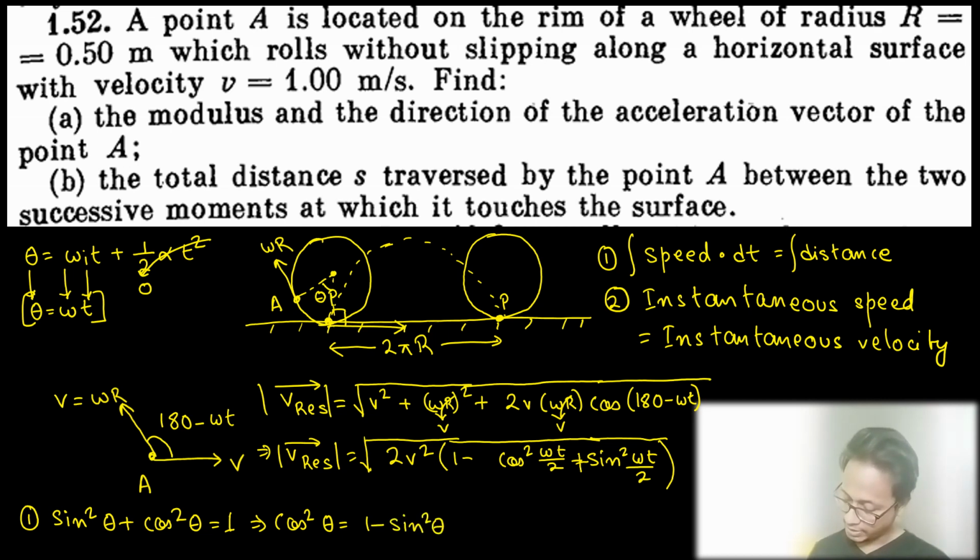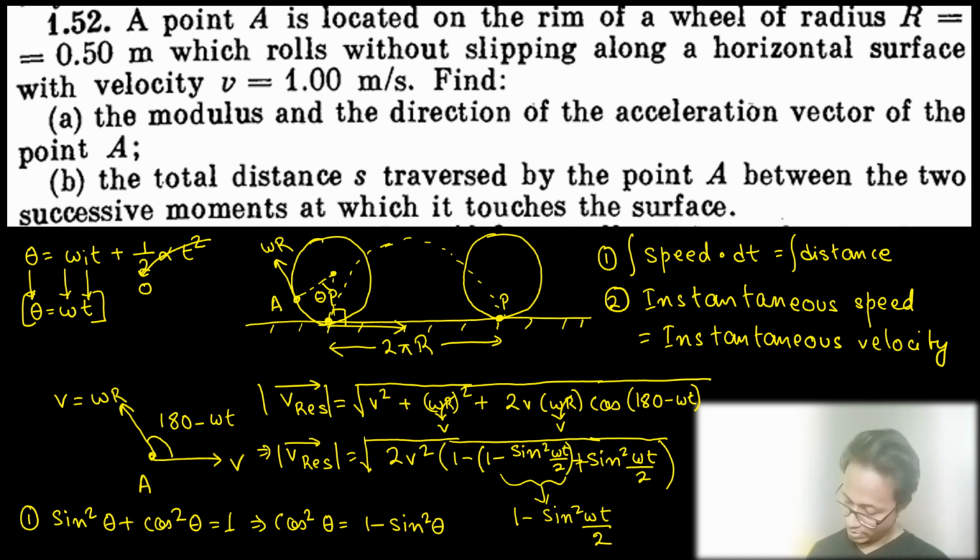So can I substitute cos square omega t by 2 as 1 minus sine square omega t by 2? So I'm substituting that value out here.